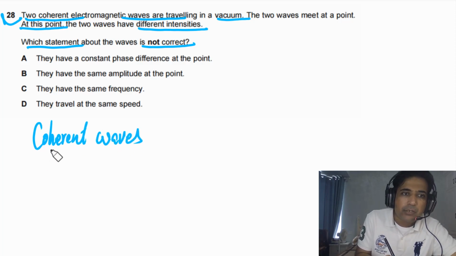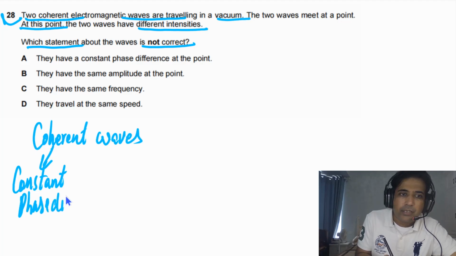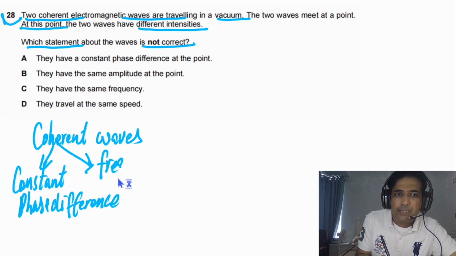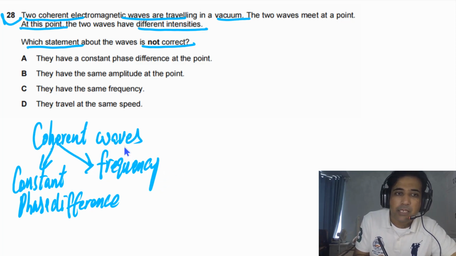Two waves are coherent if they have constant phase difference. So this is the first condition, constant phase difference. And that is only possible if the waves have the same frequency. We can also say they should have same frequency.